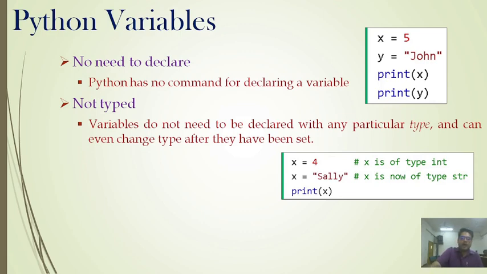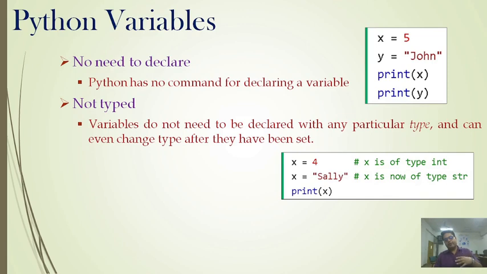I have placed an integer value in the variable called x, and immediately on the next line I have changed the value from integer to string. I have now written the text in inverted commas.